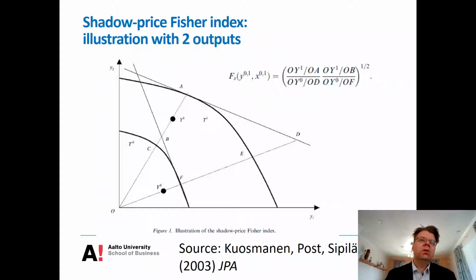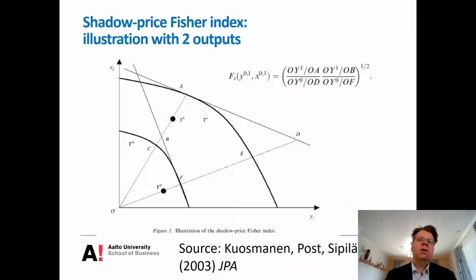The distance to the corresponding frontier would be from the origin to y1 relative to the origin to point A. So the output distance function measures this radial distance from output vector y1 to point A.